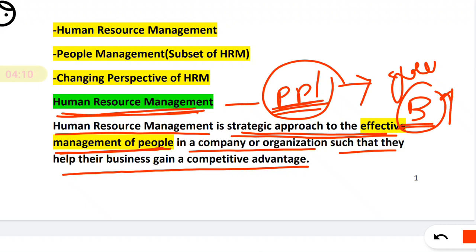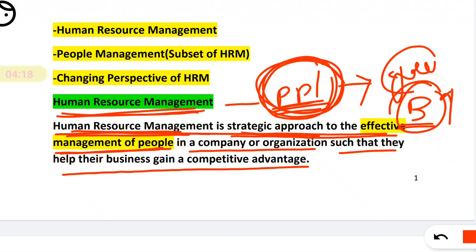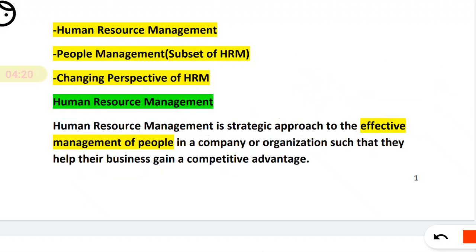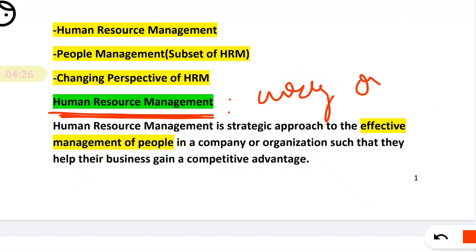Okay, and HRM is the strategy. It is a strategic approach for effectively managing the people who are working in the organization. So basically what is HRM? It is managing effectively the people who are working in the organization. Okay, that is called human resource management. Very simple.